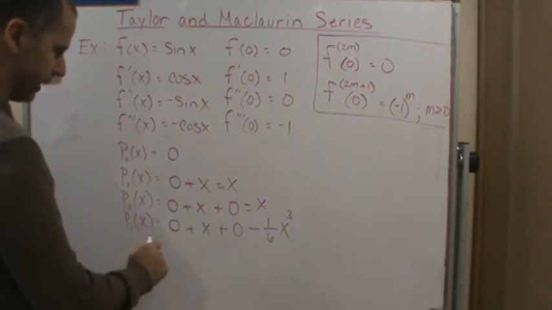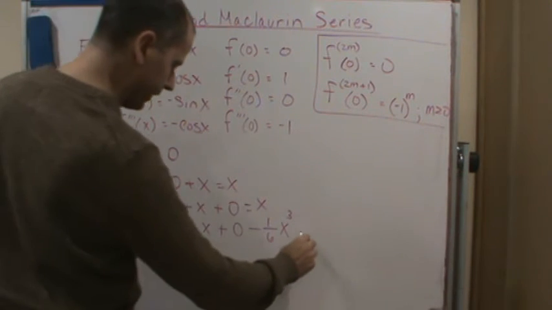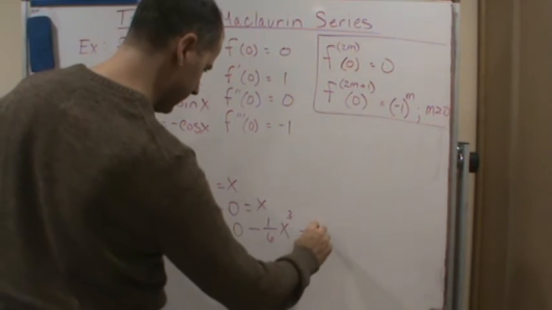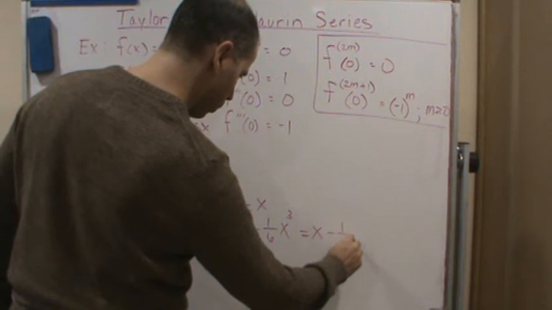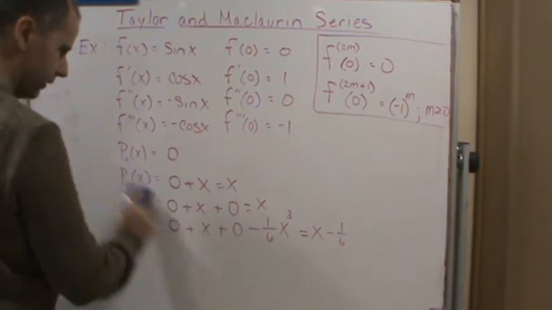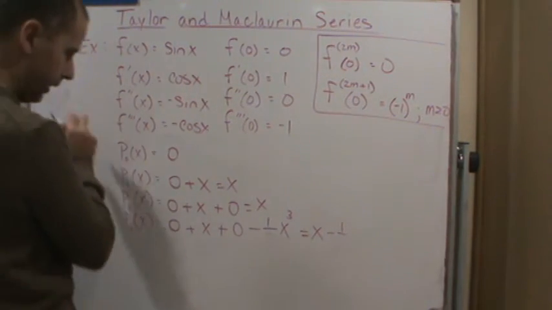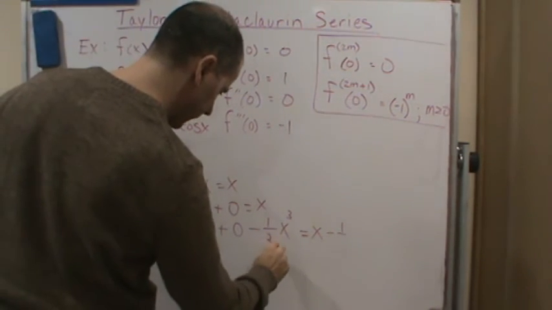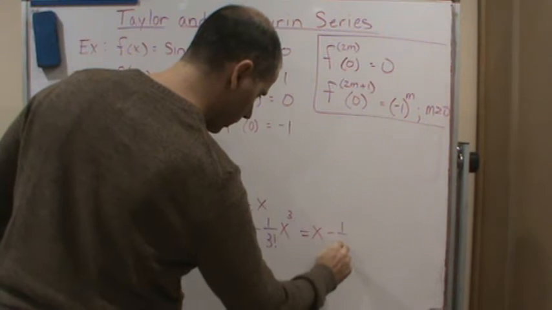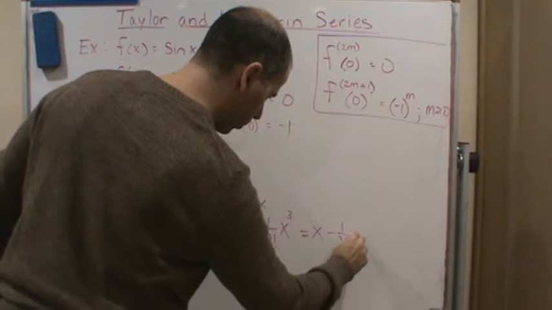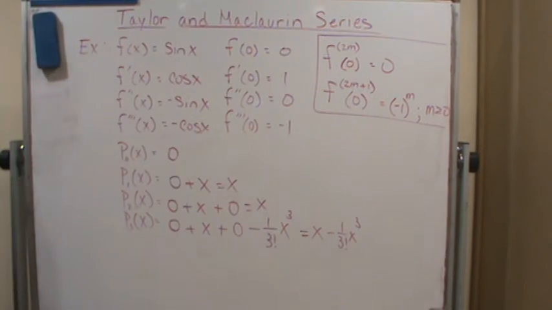P2 is going to equal x, and then P3 is going to equal, like I said, x minus 1/6, or, you know what? Let's keep it as factorials. So this will be 3 factorial. So this will be 3 factorial x to the third, so we can see the pattern better. Okay?